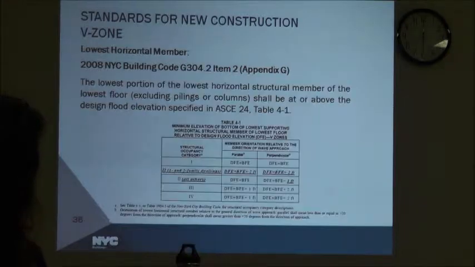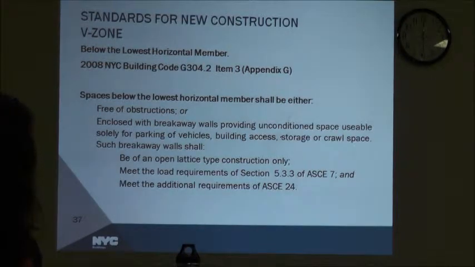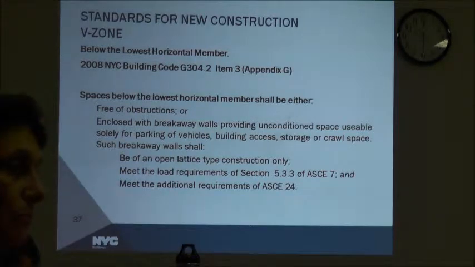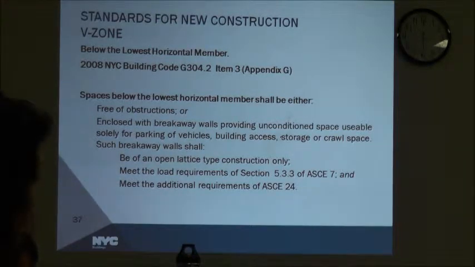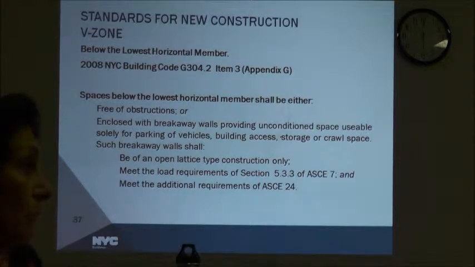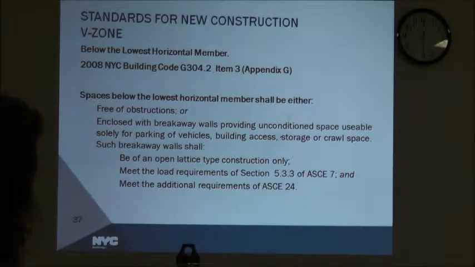So let's see if we have a picture of that, but it's basically like what you'd see under a deck. That open lattice type construction is surrounding the exterior wall so that someone can see right underneath that area and ensure that it hasn't been converted into some habitable space. So it's not permitted to have solid breakaway walls in New York City for V-zone type construction.